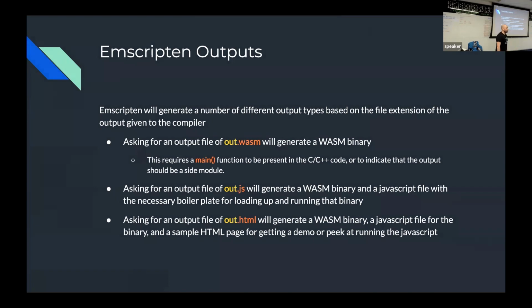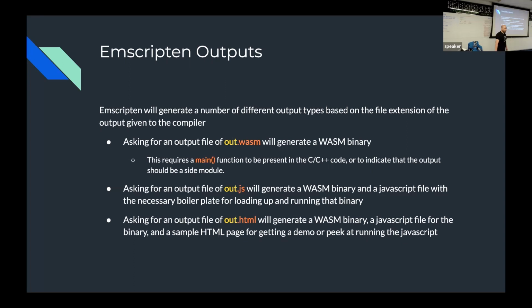So Emscripten will take an operation based on the output that you give it. If you ask it for a WASM, it's going to give you a WASM. The way you indicate that is by asking for a .wasm in your -o, right? It expects a main in that case, or if you're just exporting something like a library, then you do it as a side module. We'll get further into modules in a minute.